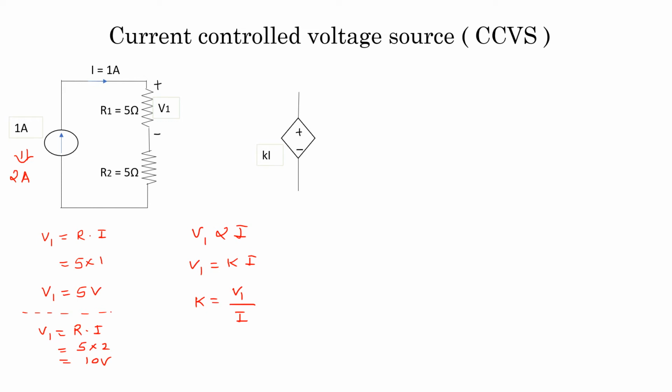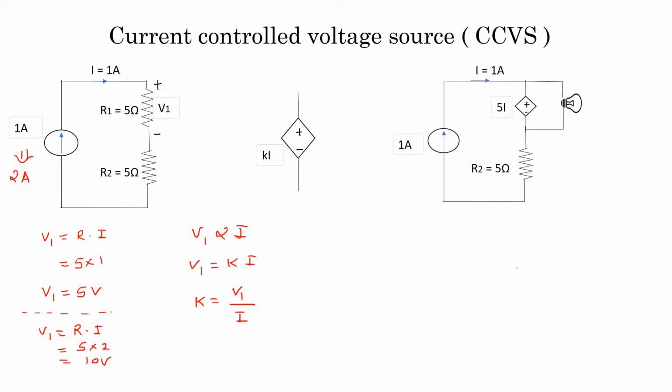Now if you see the third circuit, where a bulb is connected across the source which is equal to 5 volt, but it is represented by 5I. From where that 5 has come, again it is clear from the first two calculations. See, K is equal to V1 upon I. In first case my V1 is 5 and I is 1, so this is equal to 5.